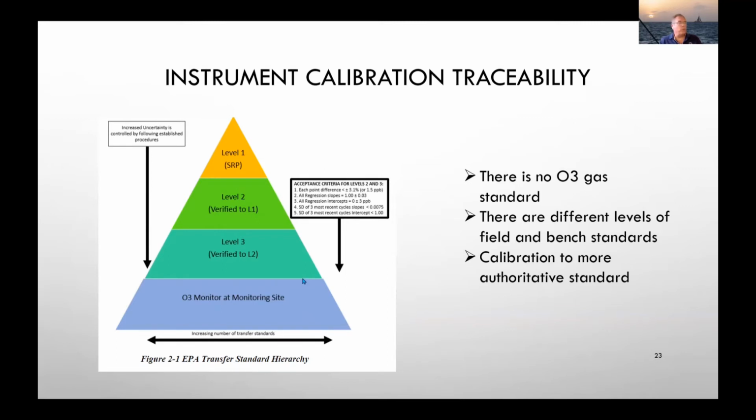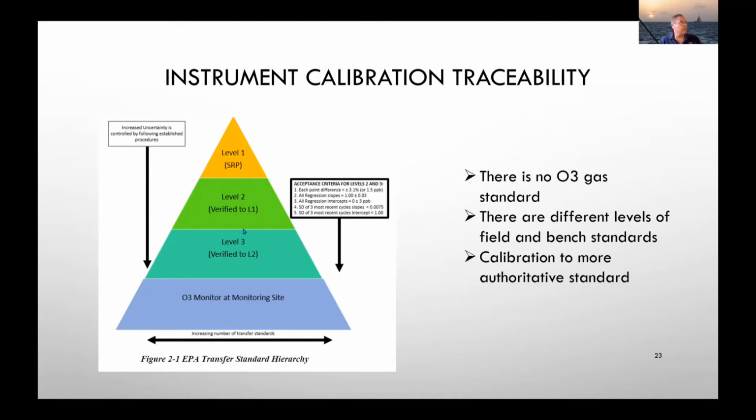There's one additional point I want to make: the level 3 field standards are just what they sound like. They travel throughout the network to do calibrations, but you can also establish a level 3 bench standard. The level 3 bench standard would be installed at an air monitoring site, and it would be used to provide nightly QC checks for ozone analyzers.